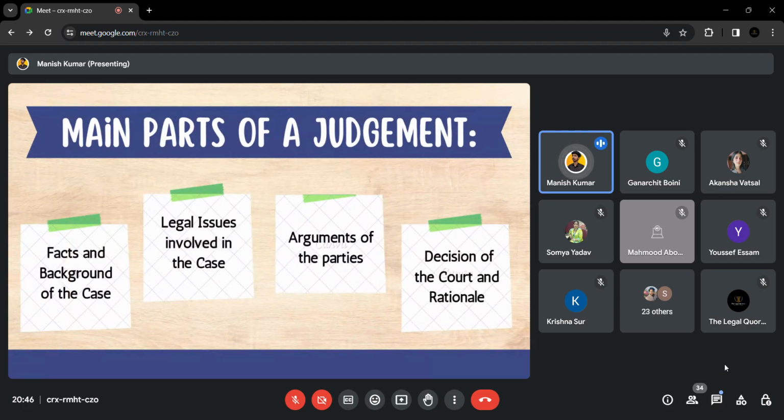You need to understand that a legal issue is always written in the form of a question. It is generally started with the word whether and ends with a question mark. Let's say it may go like whether Article 14 is being violated, whether Article 15 is being violated. So this can be a legal issue.